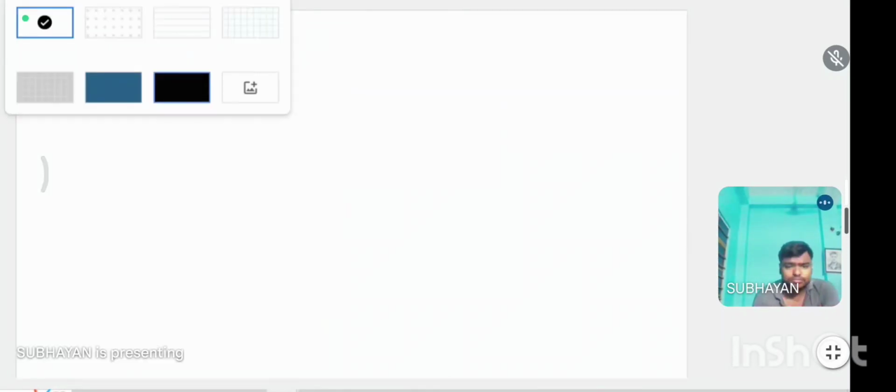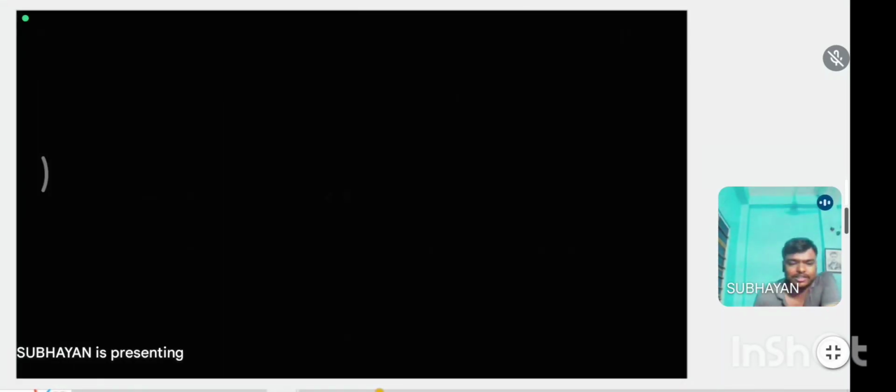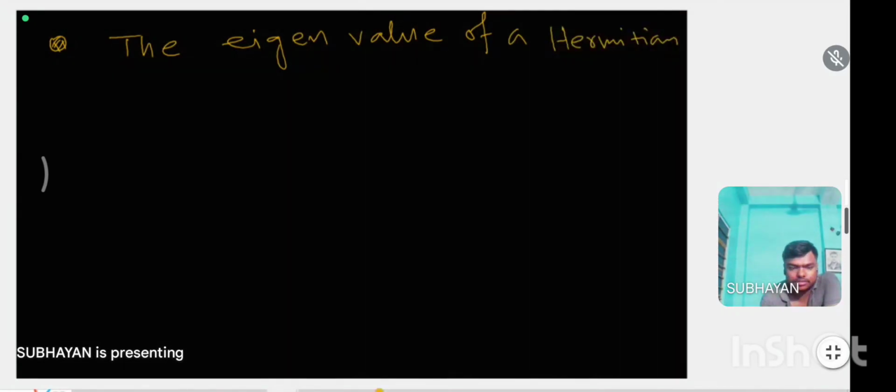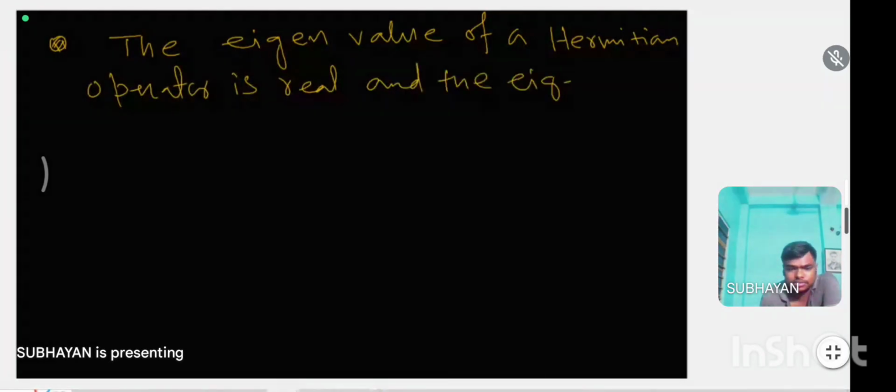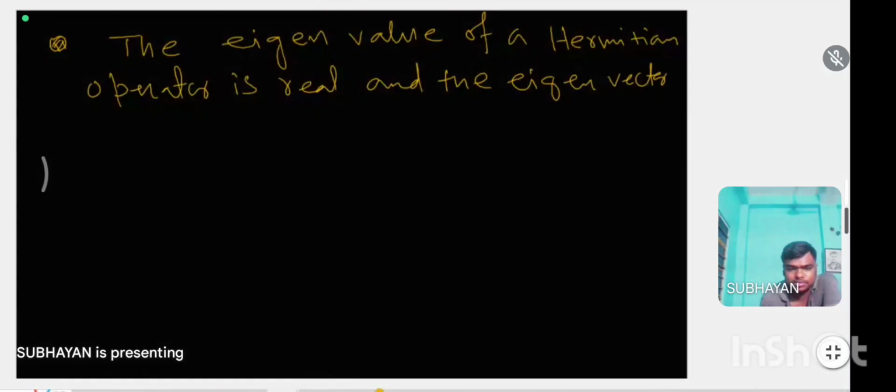Because in the mathematical tools of quantum mechanics, you have already learned that the eigenvalues of a Hermitian operator are each real, and the eigenvectors are orthogonal.